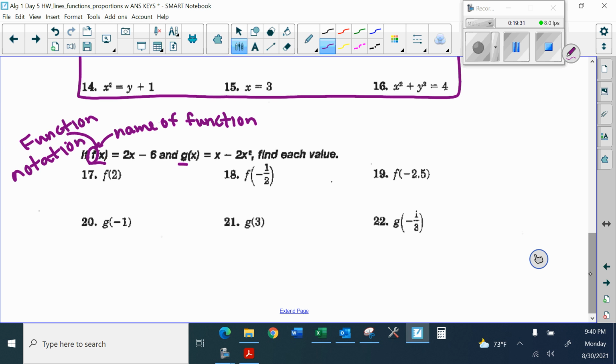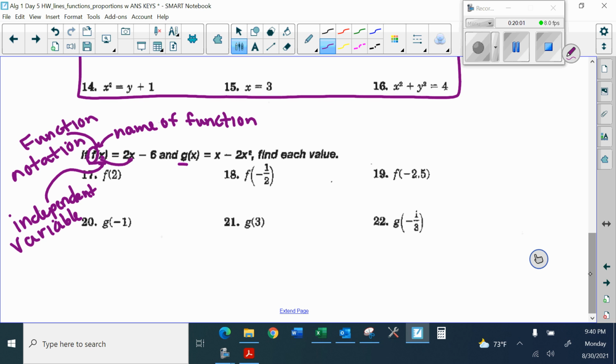Okay. The variable on the inside of the parentheses is called the independent variable, which is what would be graphed on the x-axis, which means it has to be the exact same variable that's on the other side. So I can't have the f of y equals 2x minus 6. If it's f of y, it would have to be 2y minus 6. Okay, it's got to be the exact same.